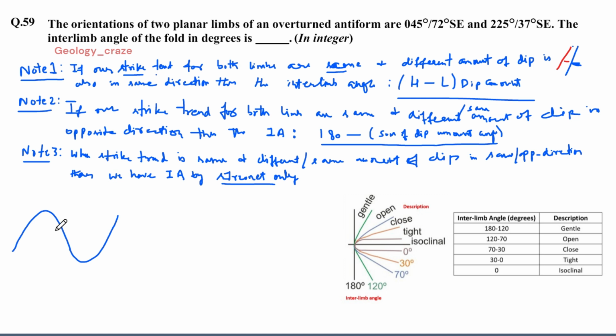So this part is antiform. If the ages are given, we can call it an anticline, from older to younger. We will use antiform and synform. So this is a midpoint. We will construct in 3D. This is a midpoint on this side.